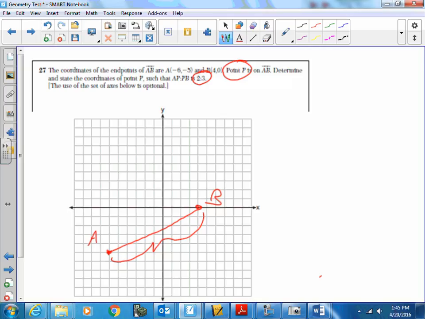That 2 to 3 tells me I can be thinking about breaking this into 5 equal parts, and I'm getting the 5 from the 2 plus 3. If I can break this line into 5 equal parts, then I can take 2 of them, and then the other 3, and I'll have a 2 to 3 ratio. So let's see if we can do something like that in this case.